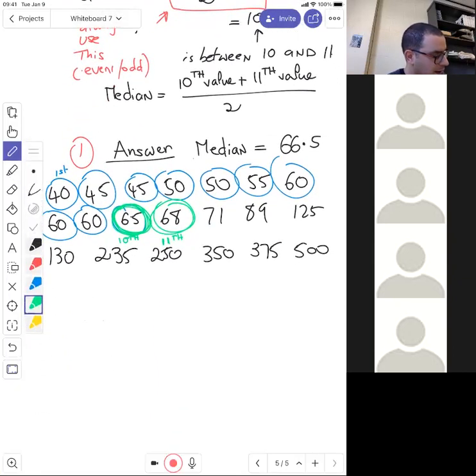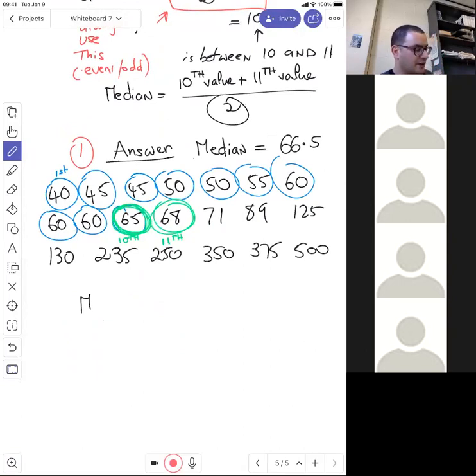But it's 133. See, that's where I'm getting confused, because I'm thinking it's 65 plus 68, which is 133. You're over-dividing by 2. Yeah, you divide by 2. You take the average. I'm adding the 10th and 11th, and after I add it, then I need to divide it.